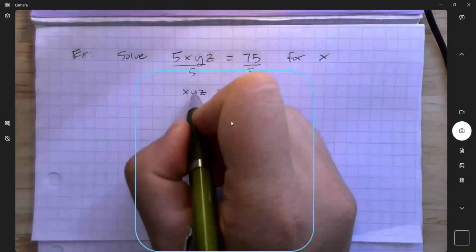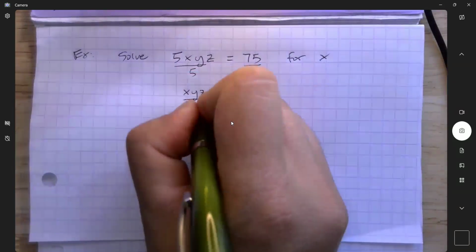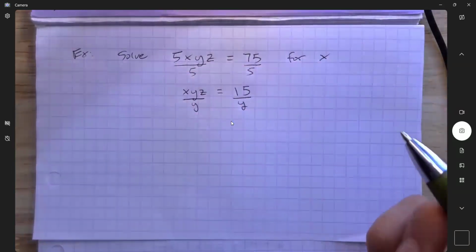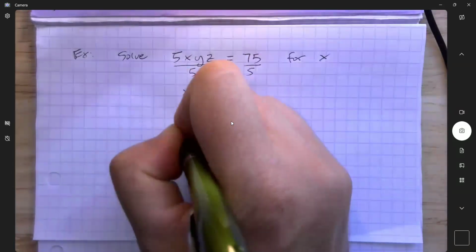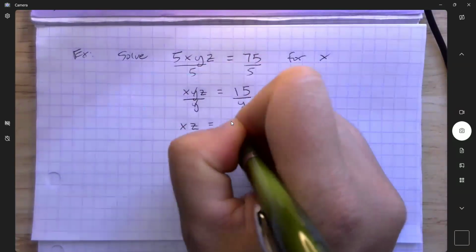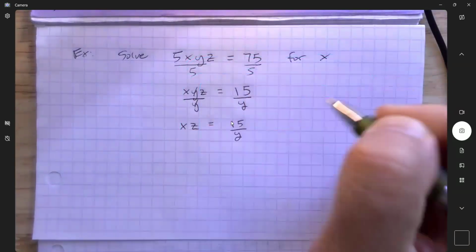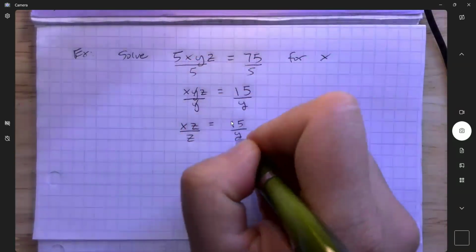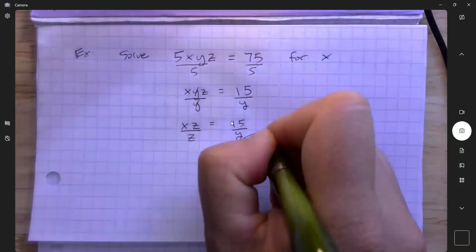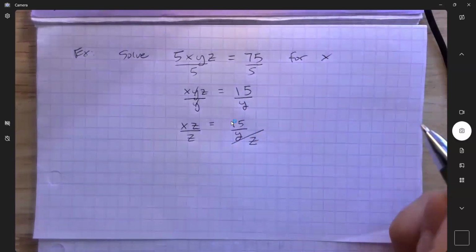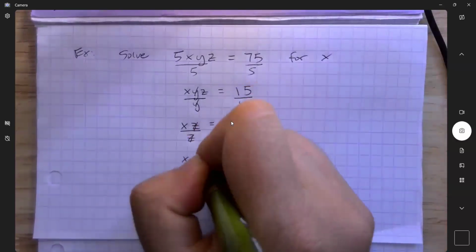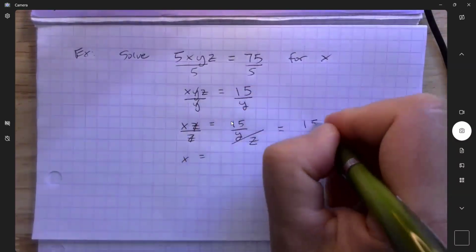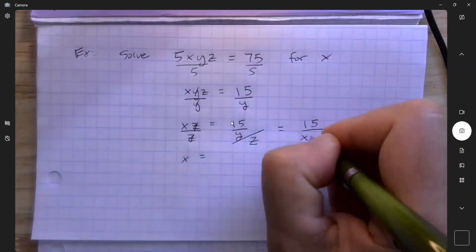Now the x and the y and the z are all multiplied together, so I have to divide by y. I'm not subtracting y, I have to divide by y, which gives me xz equals 15 over y. And now I'm going to divide both sides by z. And this gives us a chance to talk about what you do if you have a division with another division.